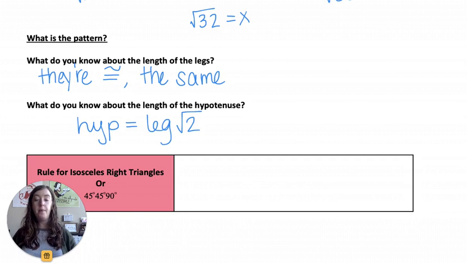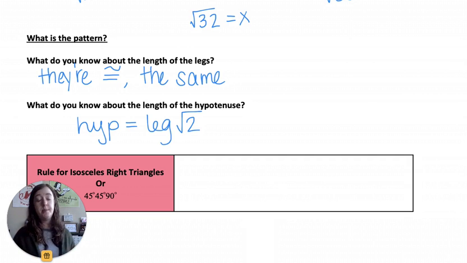Now, a much easier way to think about this, and why we actually have special right triangles and why they work, is you might remember last unit we talked about similar triangles, right? We know that triangles are similar if all their angles are congruent. You remember that AA similarity, angle similarity. So every 45, 45, 90 triangle is similar to every other 45, 45, 90 triangle.